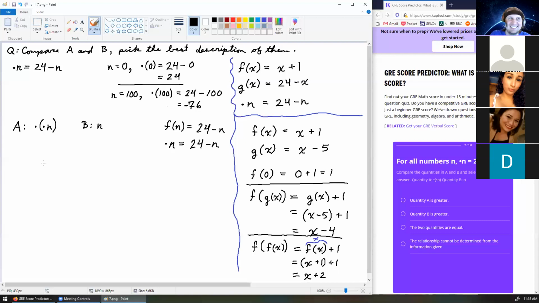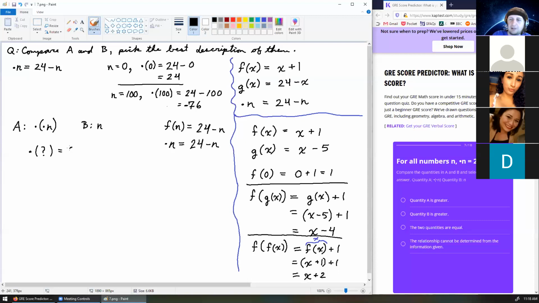So dot of n. We're going to start inside the parentheses and do 24 minus n, which is what the original dot means. If we're doing a dot of something, it doesn't matter what the thing in here is, right? I'm just going to put a question mark.